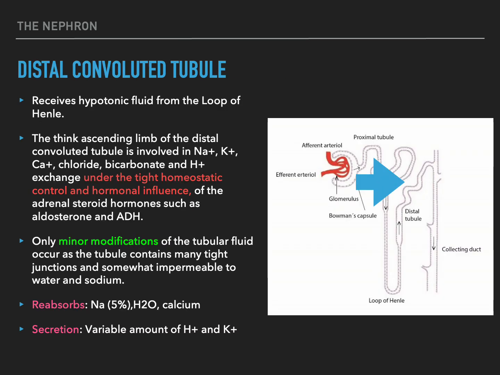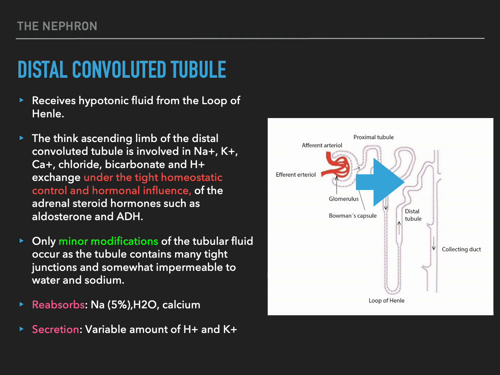The fourth structure in the nephron is largely for fine-tuning. This is the distal convoluted tubule. Urine has just passed through the loop of Henle and is now more hypotonic. The thick ascending limb of the distal convoluted tubule is involved in sodium, potassium, calcium, chloride, bicarbonate, and hydrogen exchange.